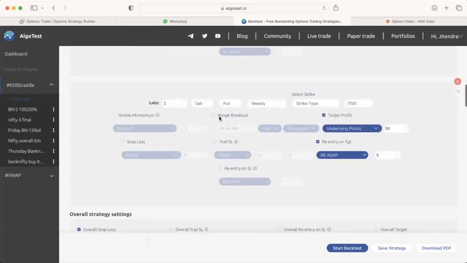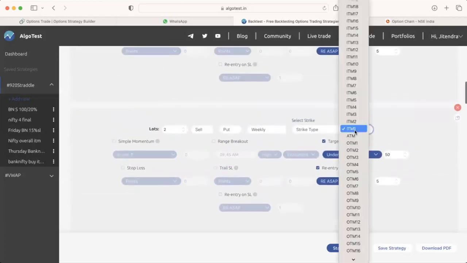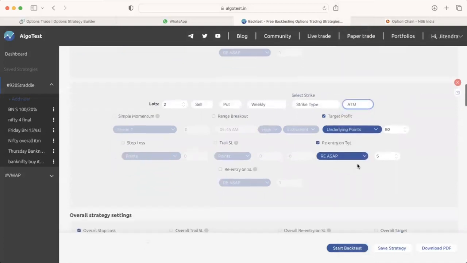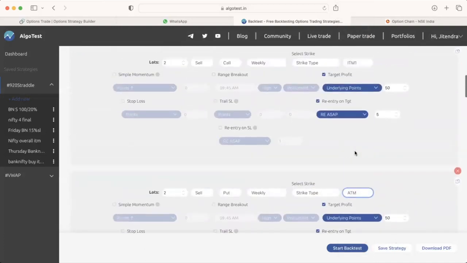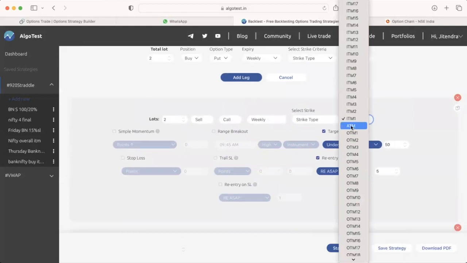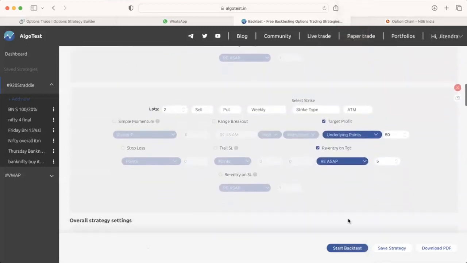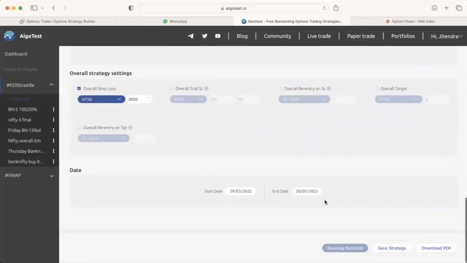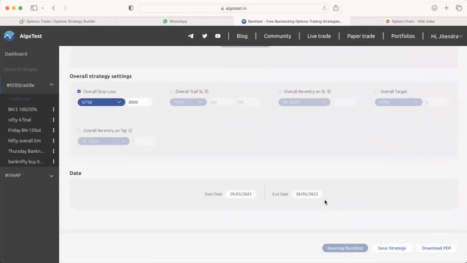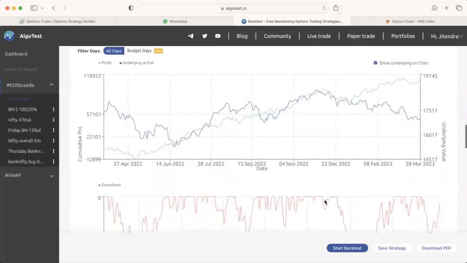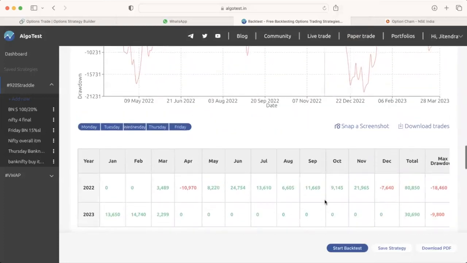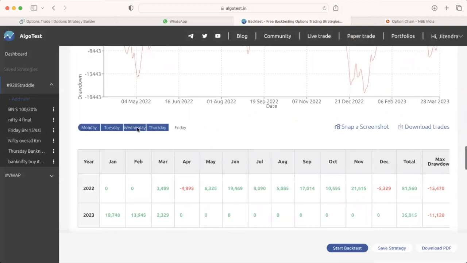We'll see what happens if we take at the money, because here the premium is the highest. That is, the theta decay is the highest. Marginal increase.